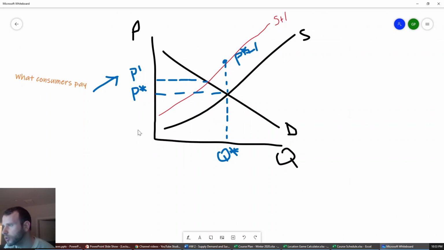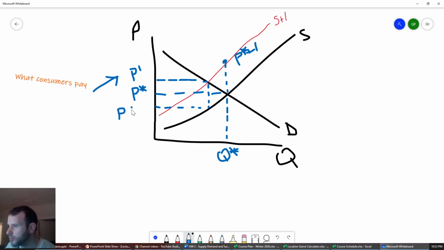And then, after the tax, what happens? For every unit, producers, even though they're charging P prime, they're only getting back P prime minus 1, or you could say P prime minus the tax.